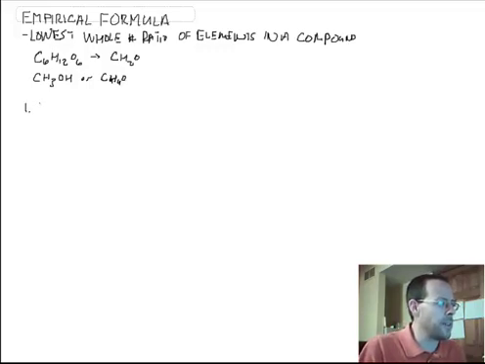The first step is, if given percentages, change to grams.